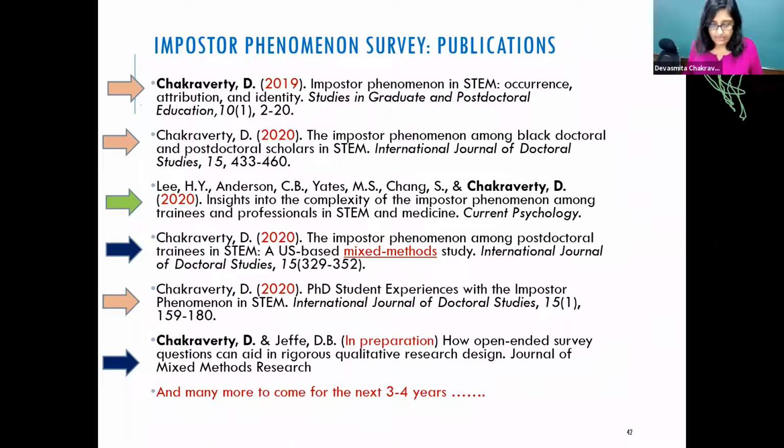And the blue ones look at mixed methods data. So the one I told you for postdocs, I compared their survey scores and what they said in the interview. And the last blue arrow is a methodological paper that I'm writing, where I'm going to talk about how open-ended survey questions can aid in rigorous qualitative research design. And there are plenty of other papers only from this data set for the next 3 or 4 years.